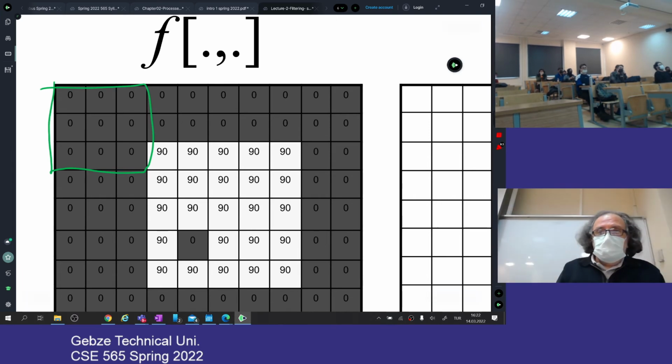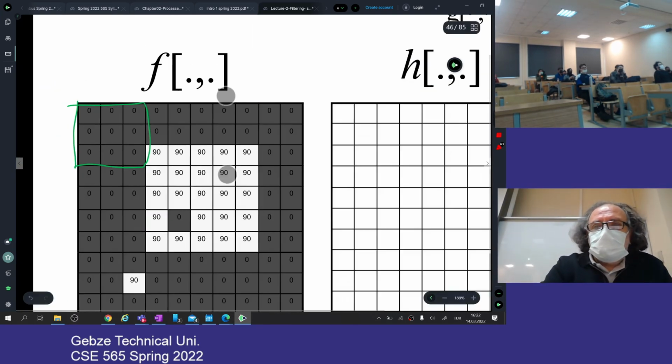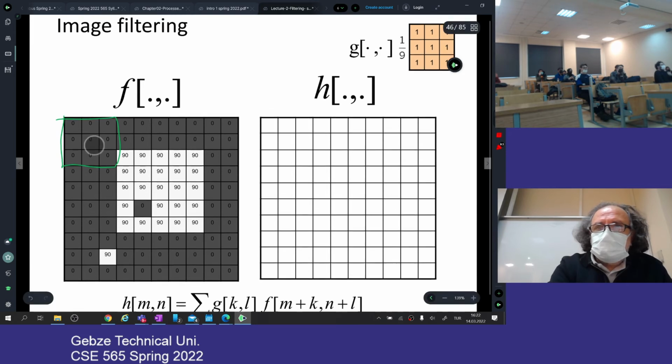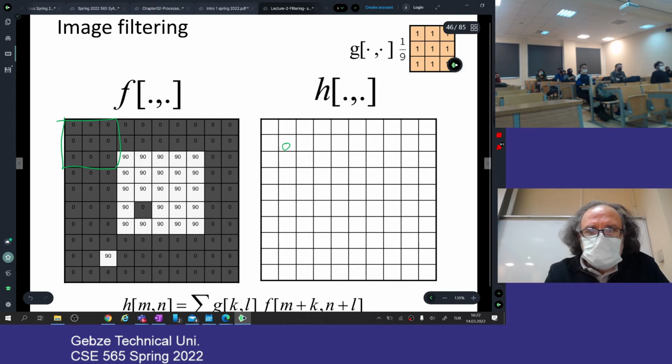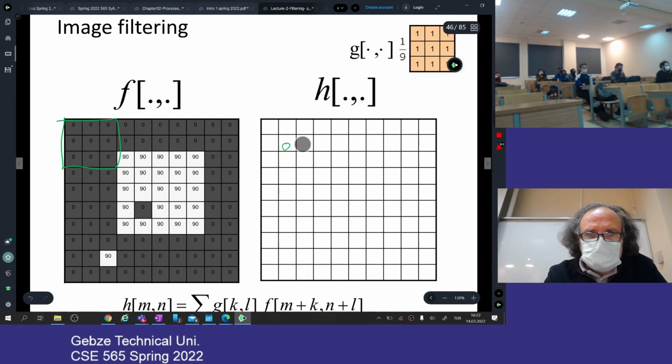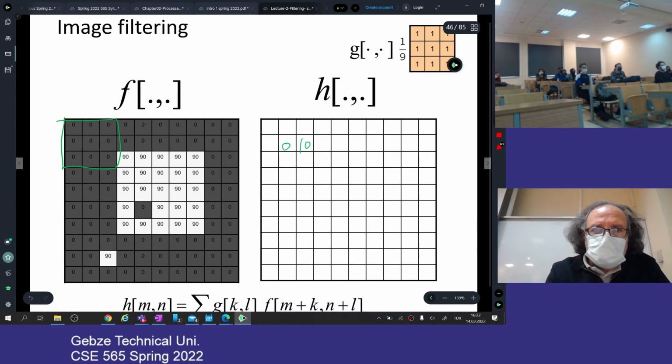If I apply these to this one, it's all 0, so you're going to get a 0. How about this position? What would I get? You would get a 10, right?